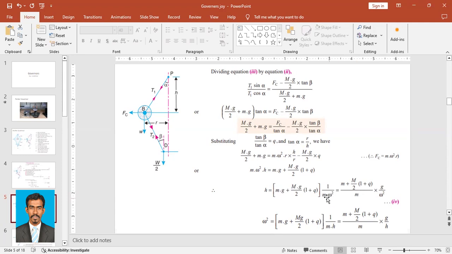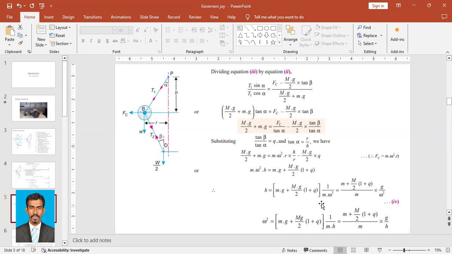So if we solve it, we will have mg plus mg by 2 into 1 plus mg by 2 into q upon m omega squared. So we didn't do anything, we just rearranged it. That's it.